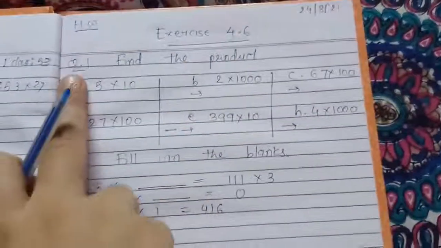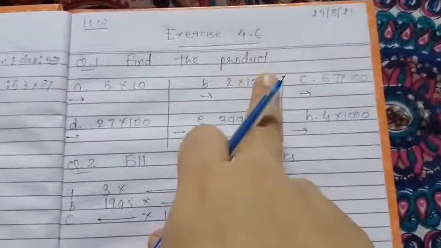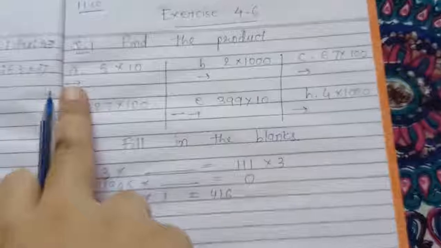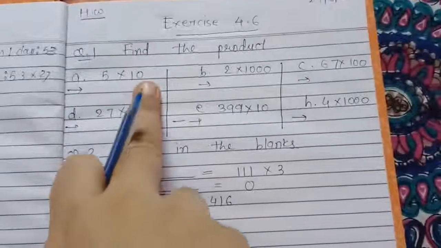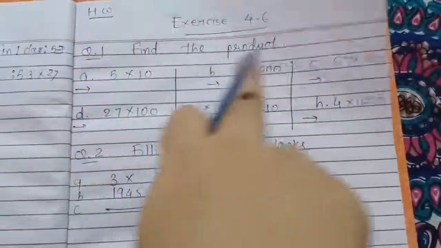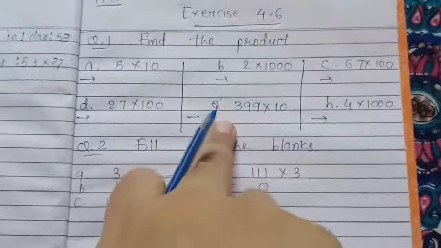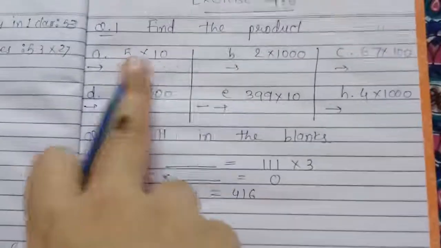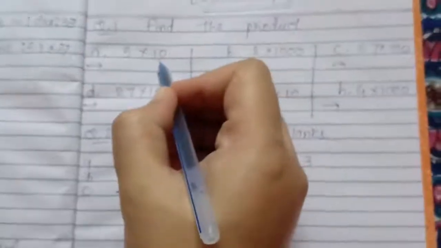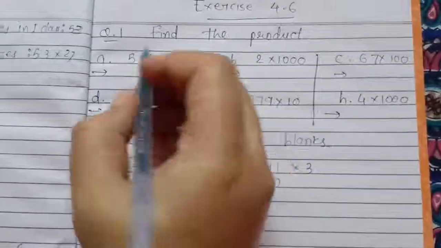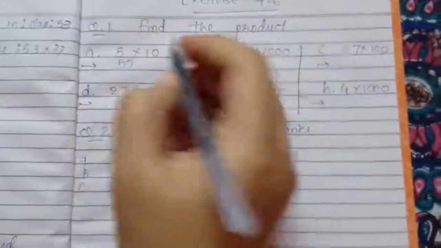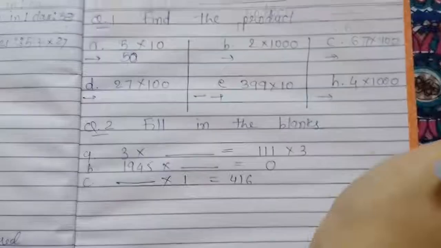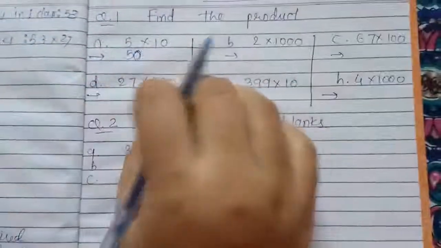Exercise 4.6, question number 1, find the product. A, 5 multiplied by 10. This first question depends on the multiplication with 10, 100 and 1000. So 5 multiplied by 10, there is only one 0 in 10. So 5 and 0, this is your answer. Directly I am writing, I am not thinking anything.